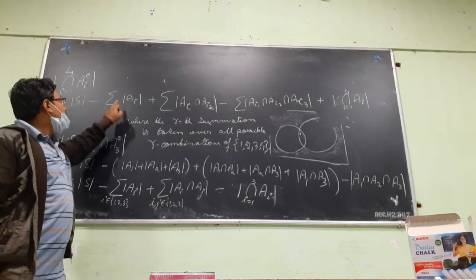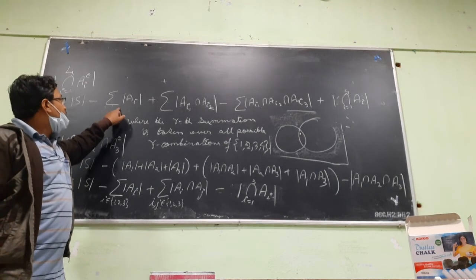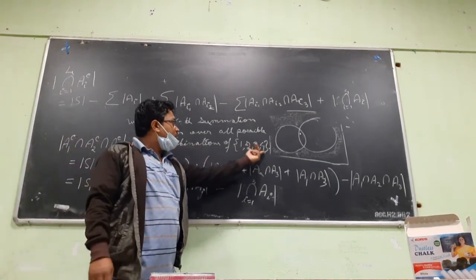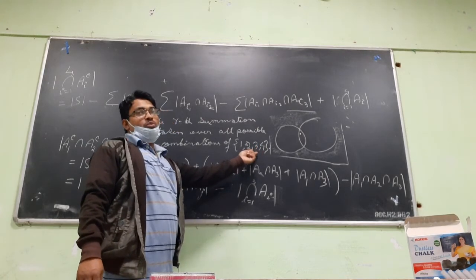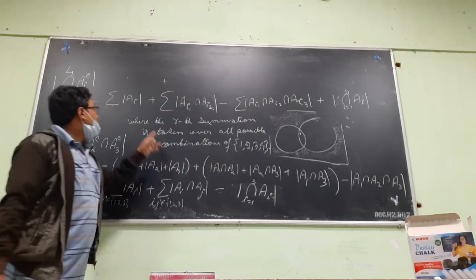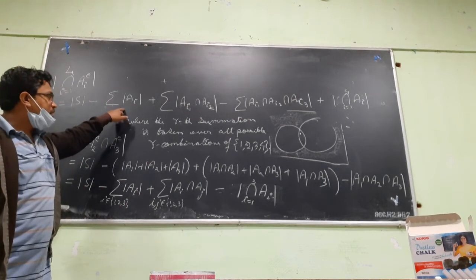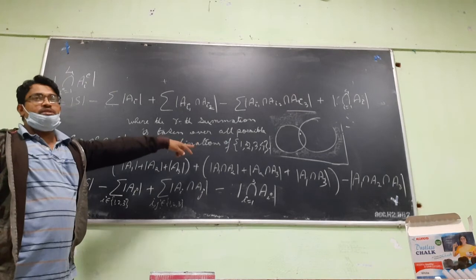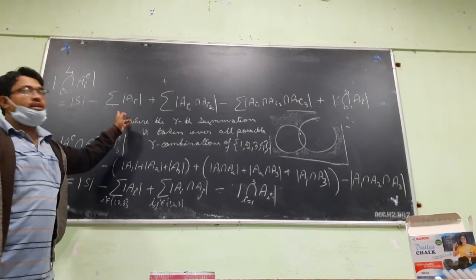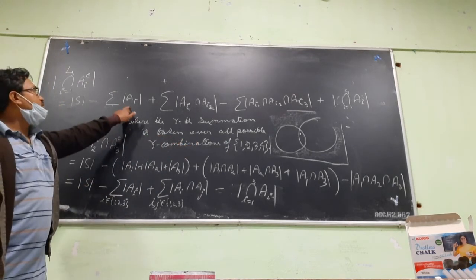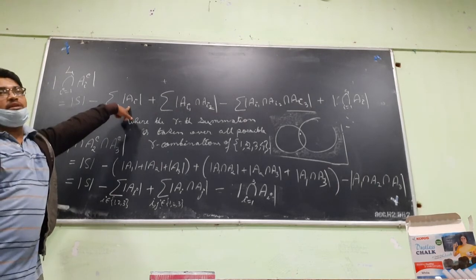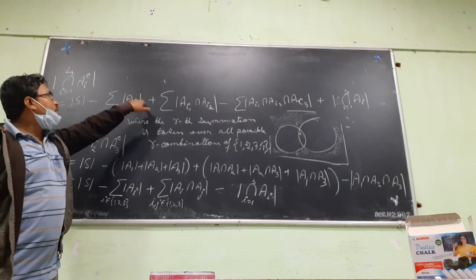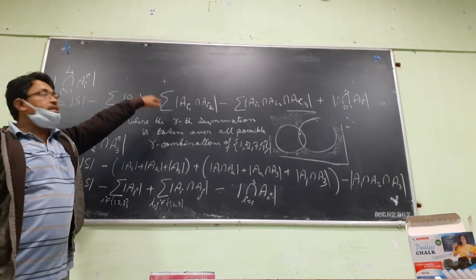So the first summation will run over all possible 1 combinations. That means from the set 1, 2, 3, 4, I will select 1 at a time. How many times will it run? 4 elements are there, and from them I can select one element in 4 ways. So this will contain 4 terms: number of elements of A1 plus A2, A3, A4.